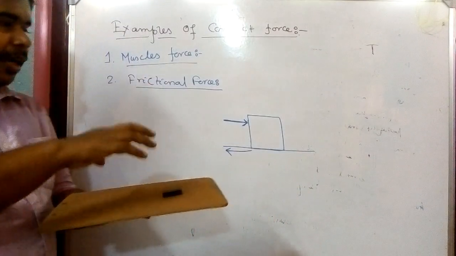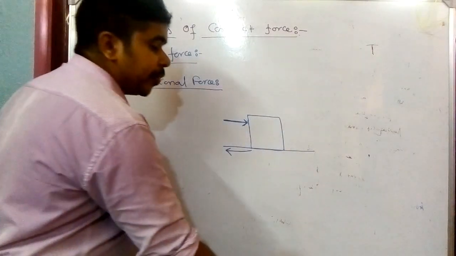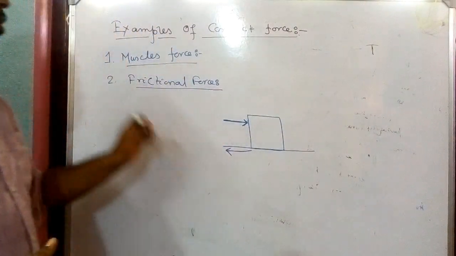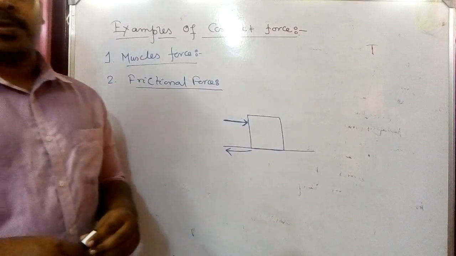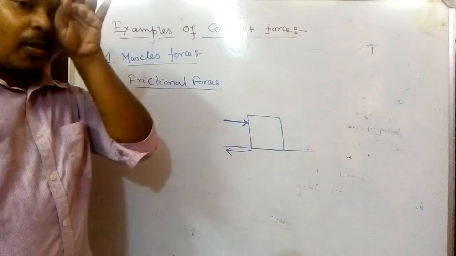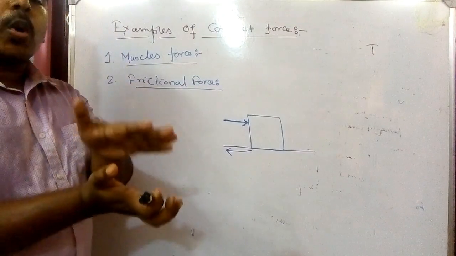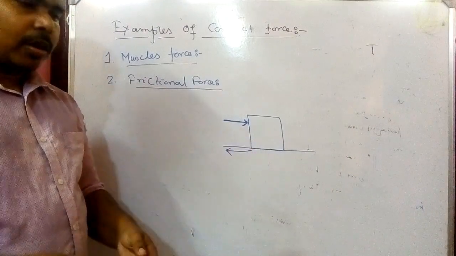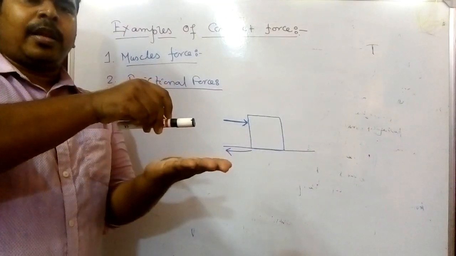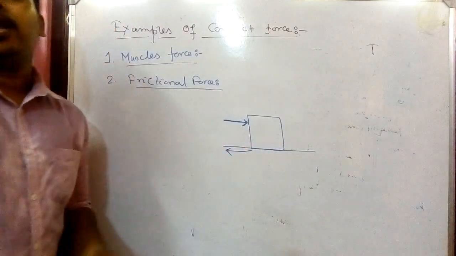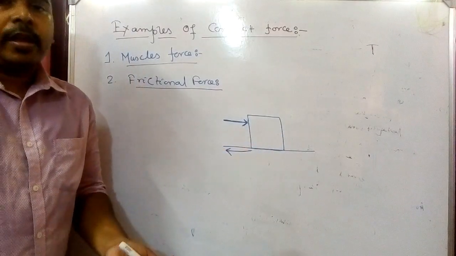Clear? So that force which tries to prevent the motion of the body over a surface is known as frictional force. And to apply the frictional force on a body, the body should make contact with another surface. If the body is not in contact, if the body is at a height, will any frictional force be applied by the surface to the body? No, definitely not.